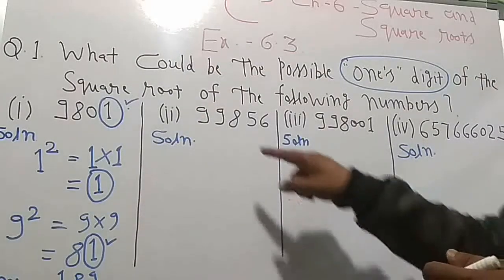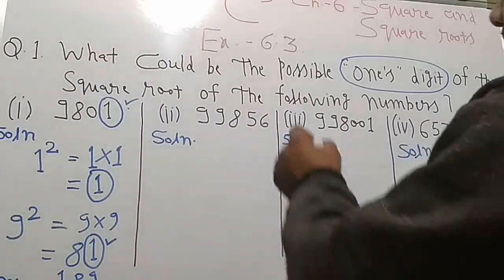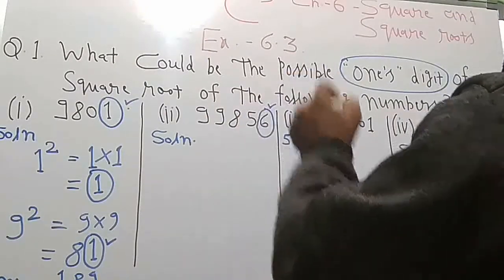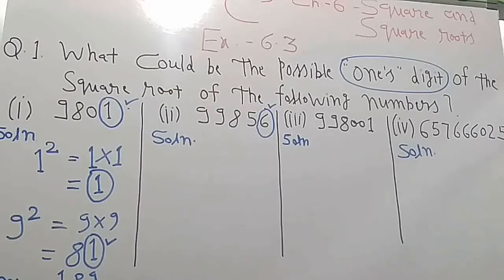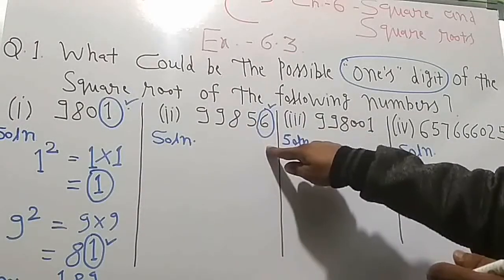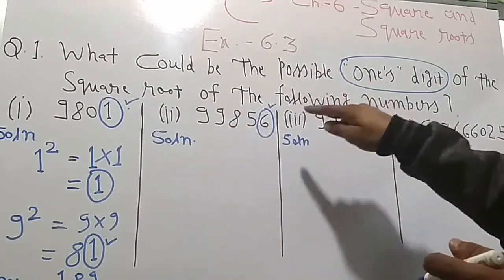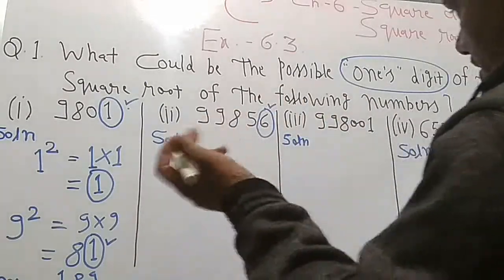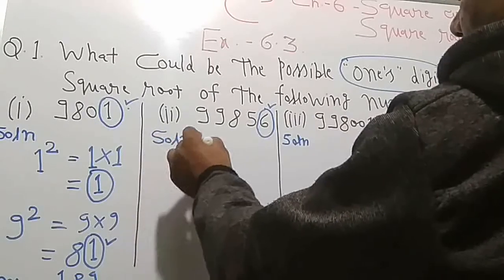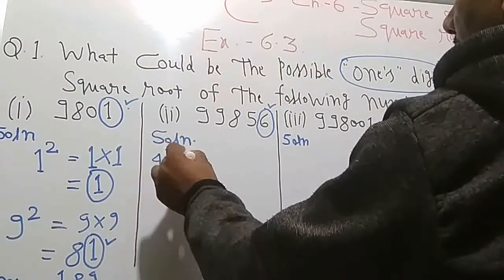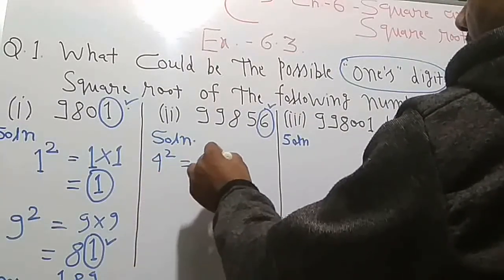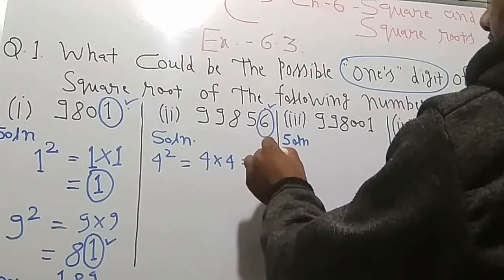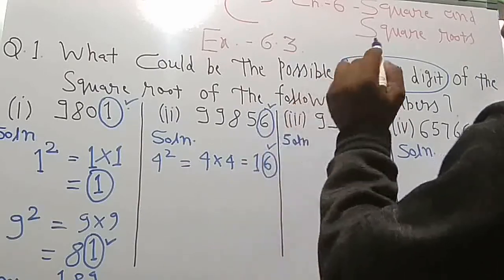Now the next number is 99856, in which the ones place digit is 6. So when we derive the square root of 99856, it should be 6 at the ones place. In the case of 4, when we take the square of 4, that is 4 multiplied by 4, gives us 16. So in 16 the ones place digit is 6.